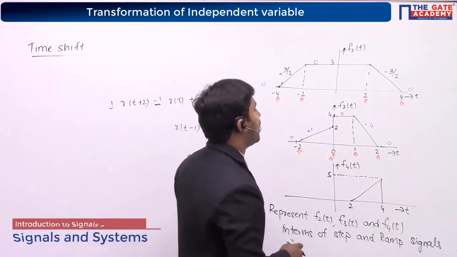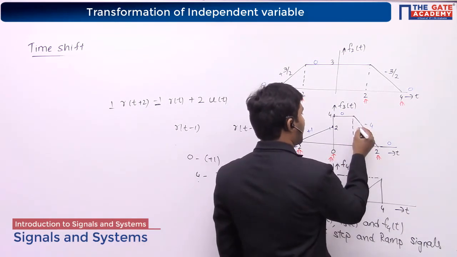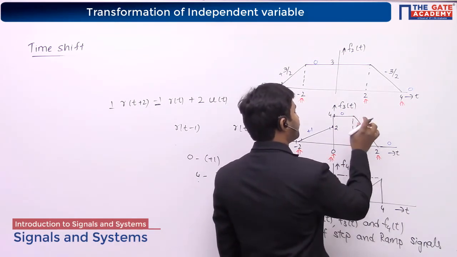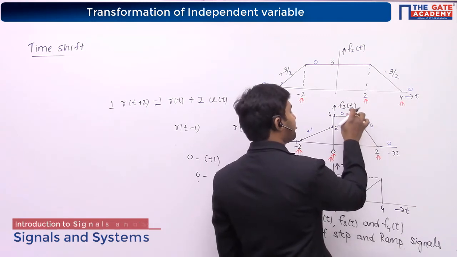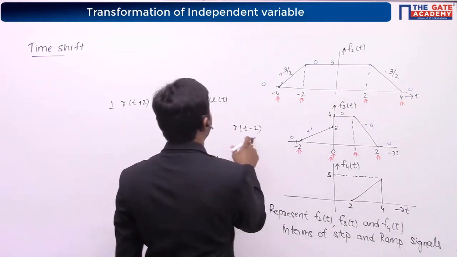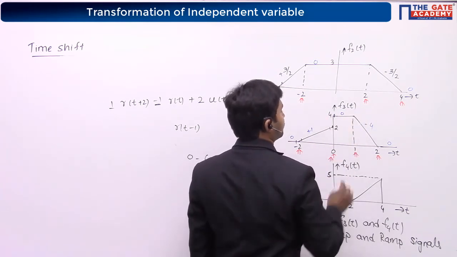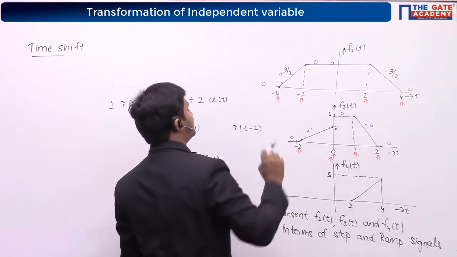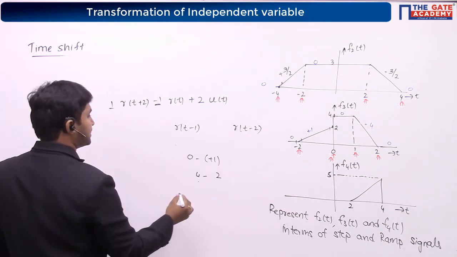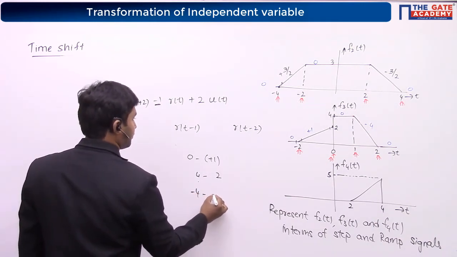At t is equal to 1, after, before. We are talking about the slopes once again, because we are only having a ramp there. After it is -4, before it is 0.